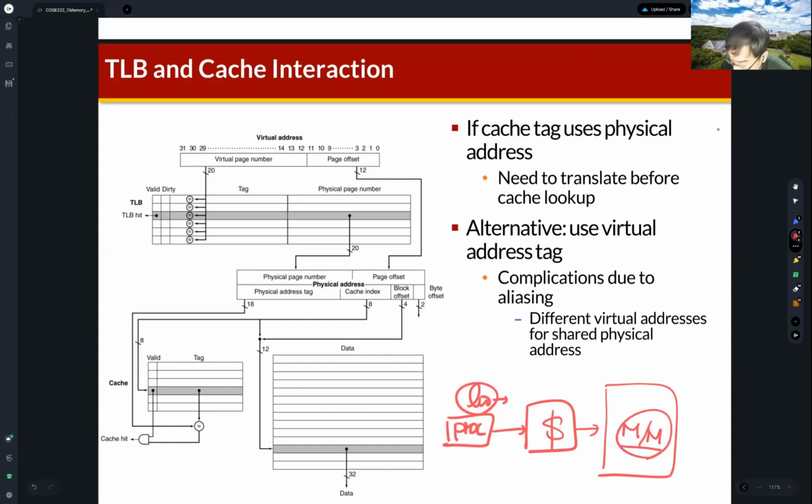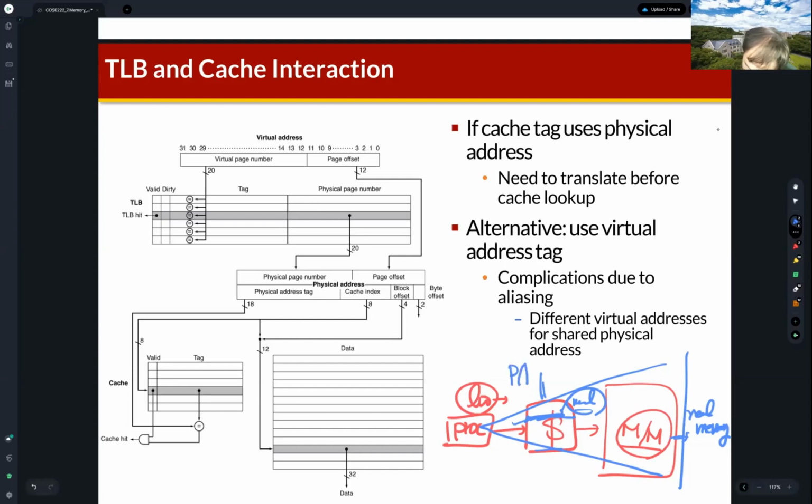Then which address is used for accessing the cache? Actually, this main memory is the real memory, and in the cache hierarchy we just store the real data, since the address mapped to this data in the cache should be a physical address.